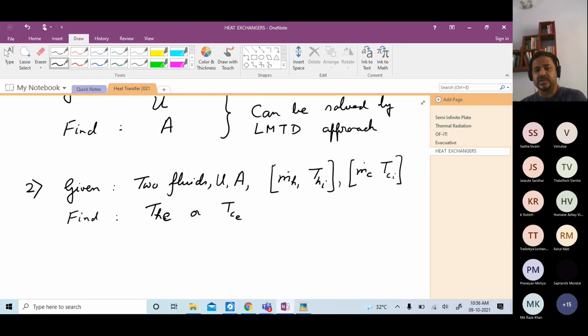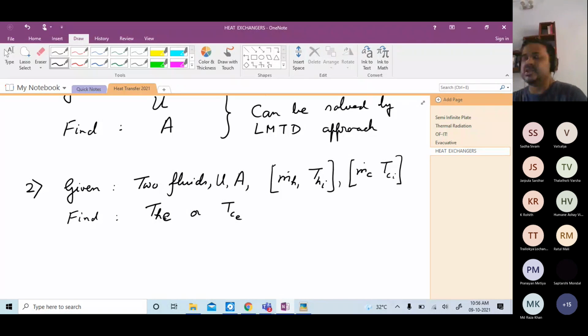But this is a closed bound problem. It's not like this has an infinite number of solutions. If the heat exchanger is fixed, then U and A are known. The mass flow rate and inlet temperatures of the fluids are known. Then this is a well-bound, well-defined problem. It's not indeterminate.